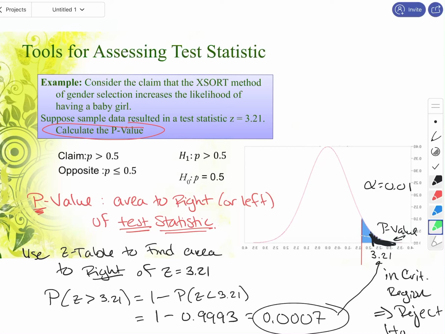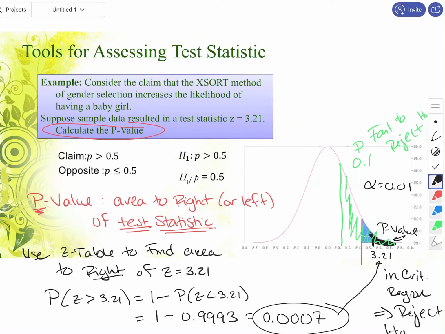Let's say it had been, I don't know, not 0.01, but 0.1. We would have this value here. That also resides outside of the critical region. So in that case, we would fail to reject H naught.